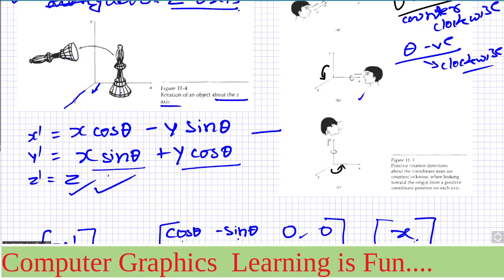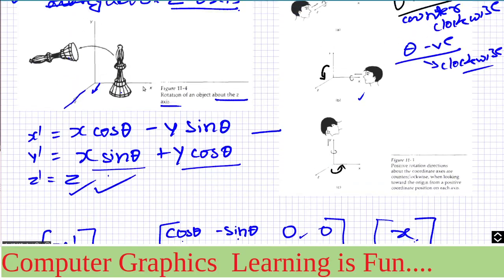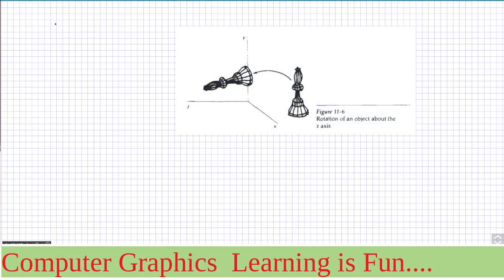Similarly, there can be other rotation operations where you want to perform rotation about x axis, it is possible. Rotation about y axis, it is possible. So let us suppose it is rotation about x axis. Then what will happen?